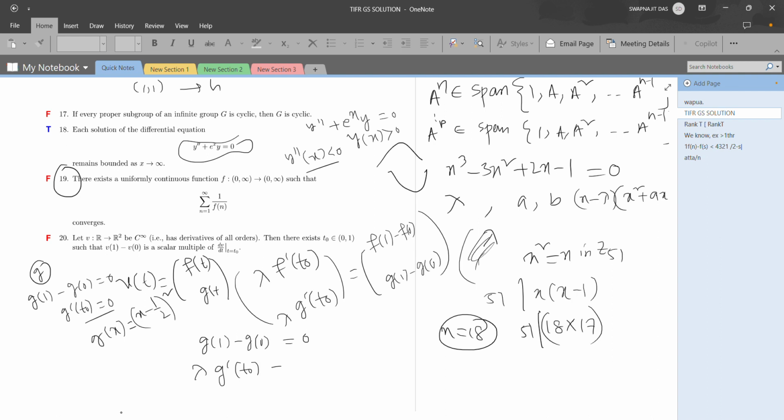That means g(1) minus g(0) is 0, so lambda times g prime of t naught must be 0. Since g prime of t naught being 0 means t naught has to be half, either lambda equals 0 or t naught equals half, right?